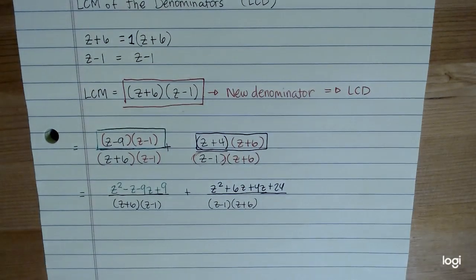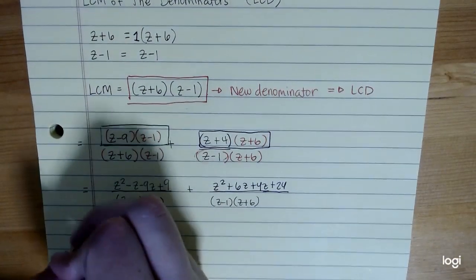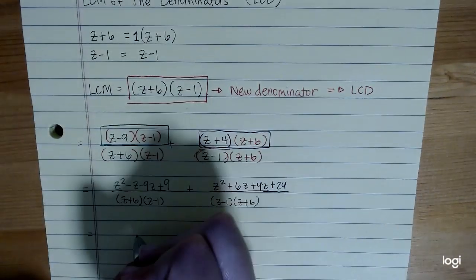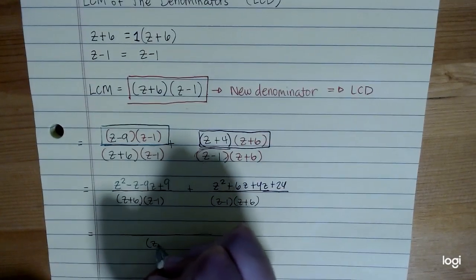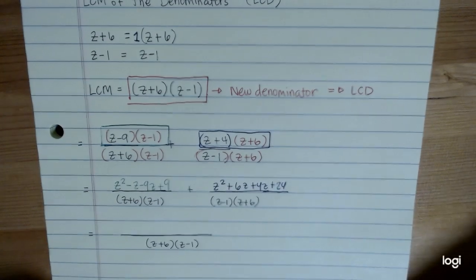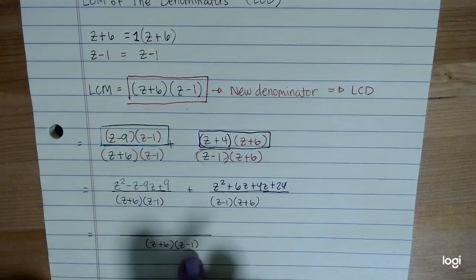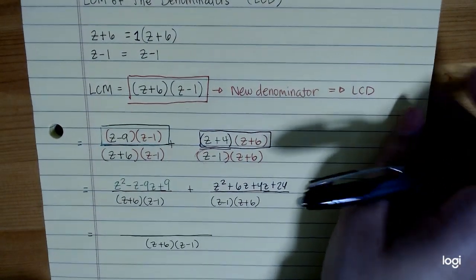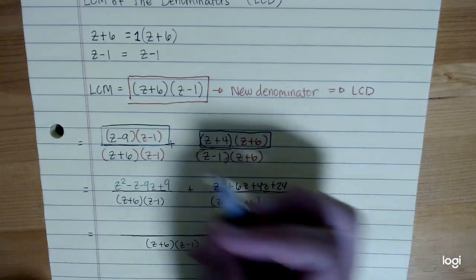Okay, and so now it's just adding with like denominators. So I record my denominator, and you just get to choose, you're going to say z plus 6, you're going to say z minus 1 at this point. And again, I will deal with that at the very end. I like to get my numerator situated and then get my denominator situated.